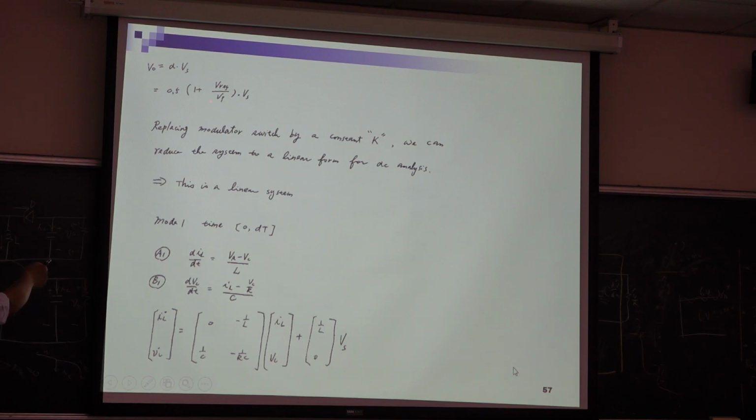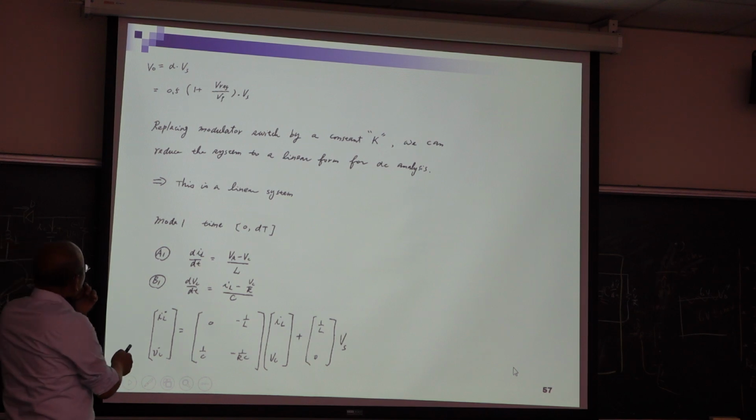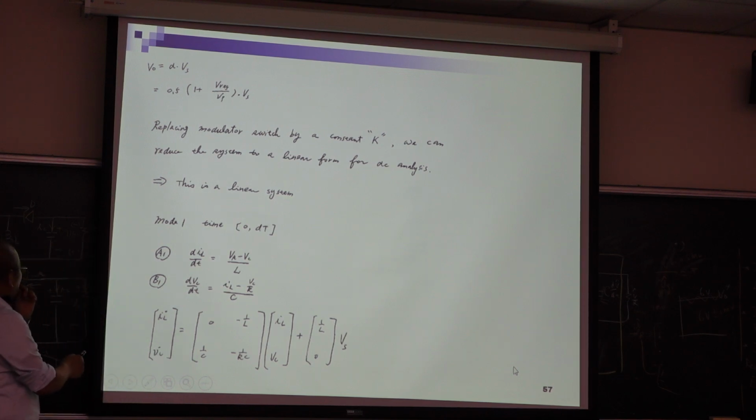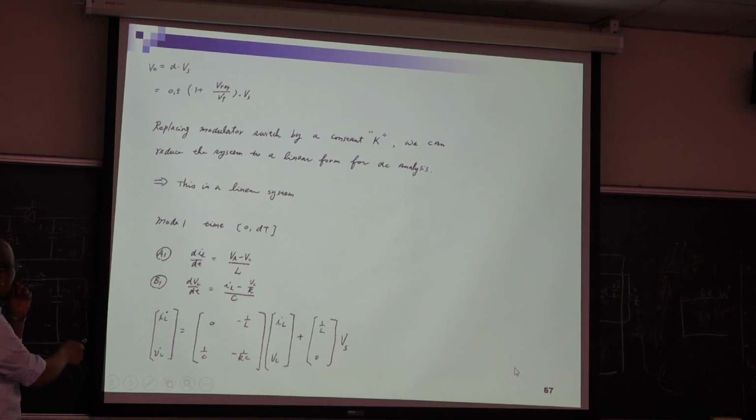If the error is 0, then duty is 0.5. So we use this relationship to convert the error to what? Duty cycle. So we can have a 10 minute break, and then we will go back to show this math.